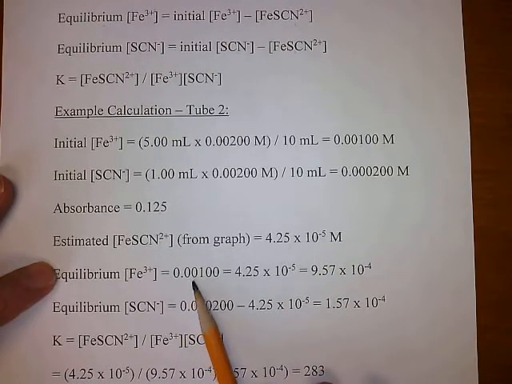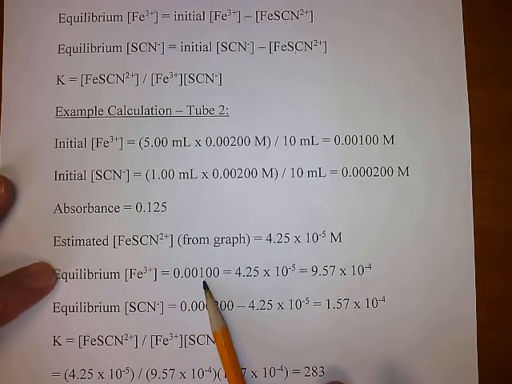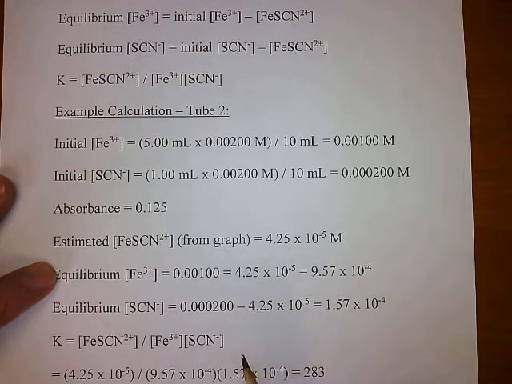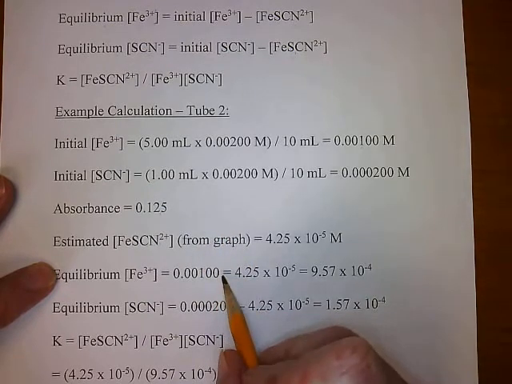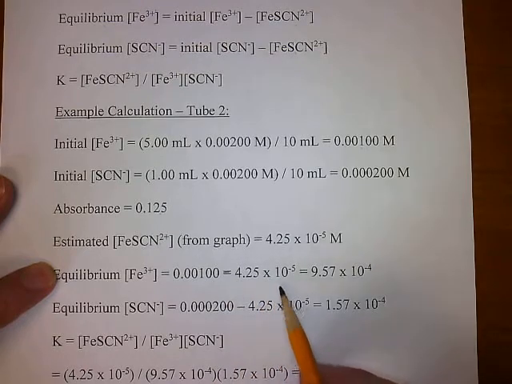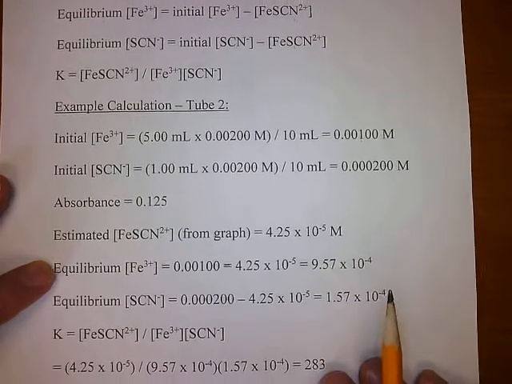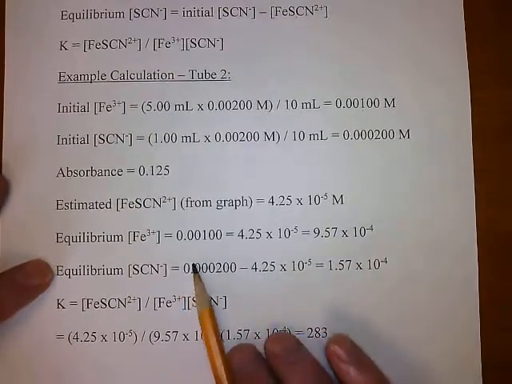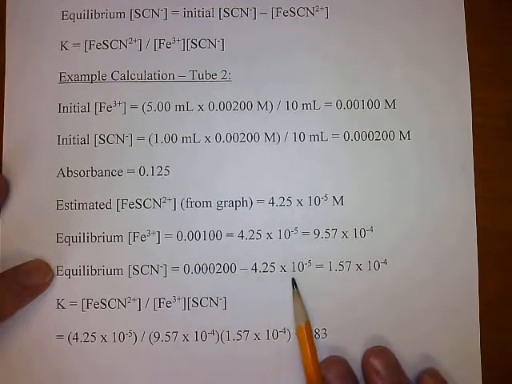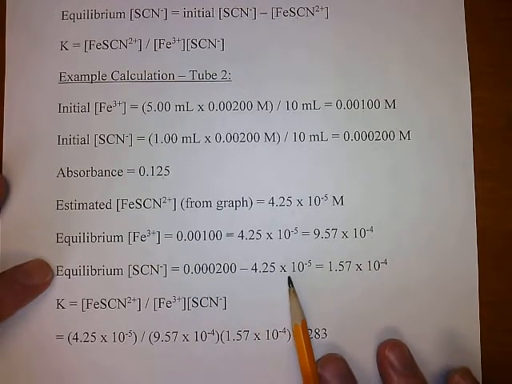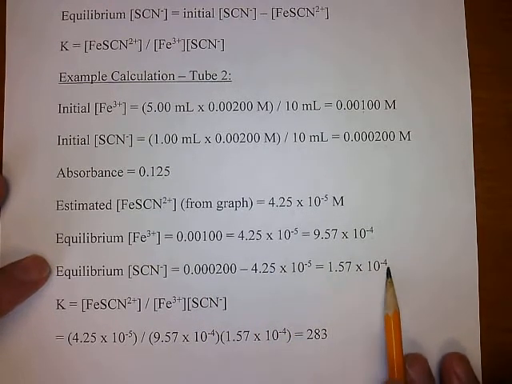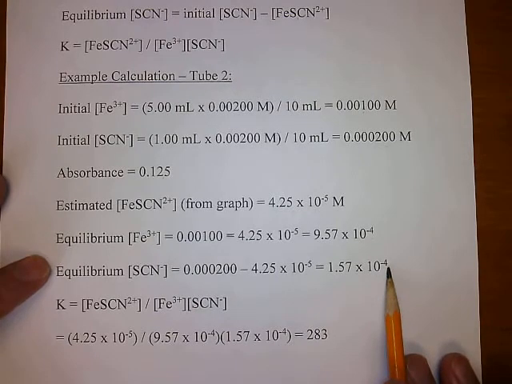So 0.001 minus 4.25 to the minus 5th is 9.57 times 10 to the minus 4th. 0.0002 minus 4.25 to the minus 5th is 1.57 to the minus 4th.